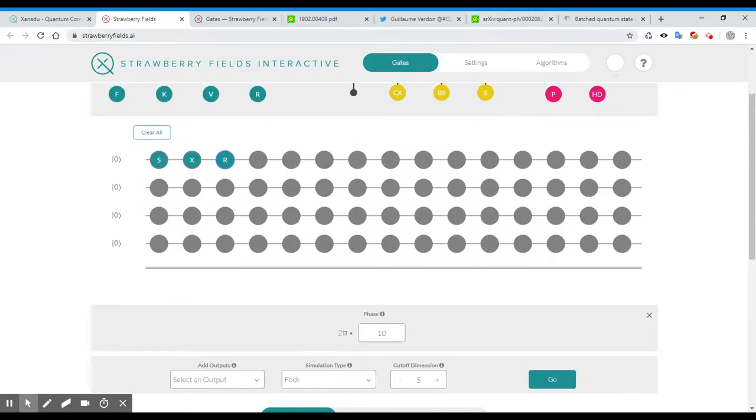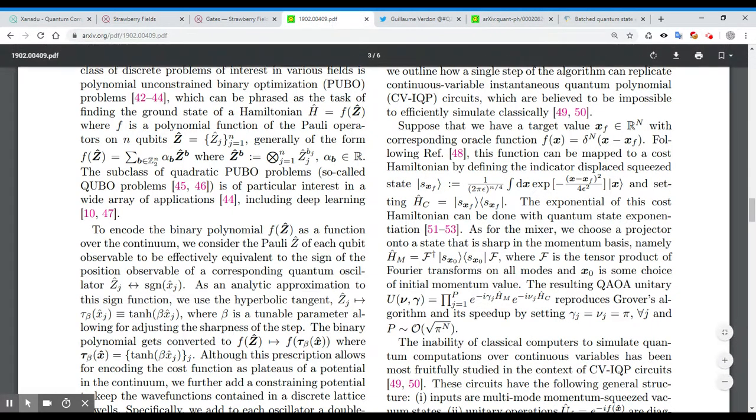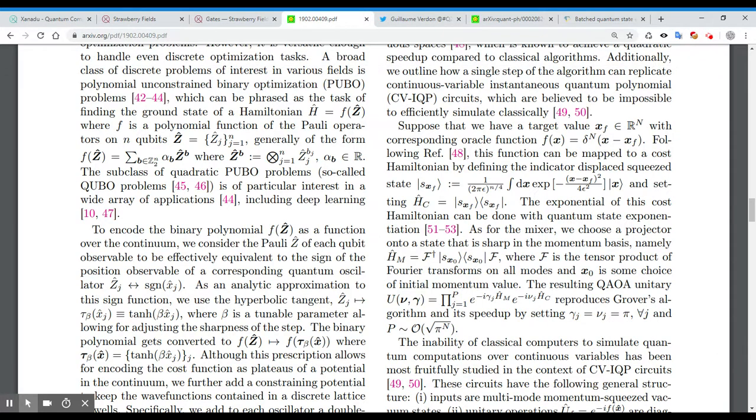Map to a custom-defined indicator displaced squeezed state. It's definitely a displaced squeezed state. Setting the cost of this. Okay.